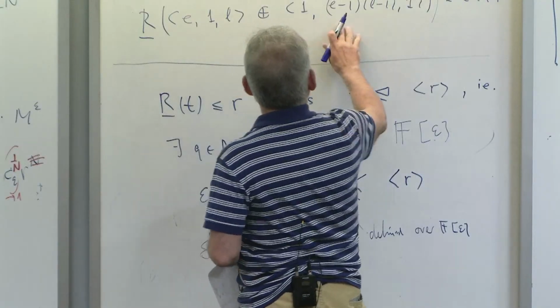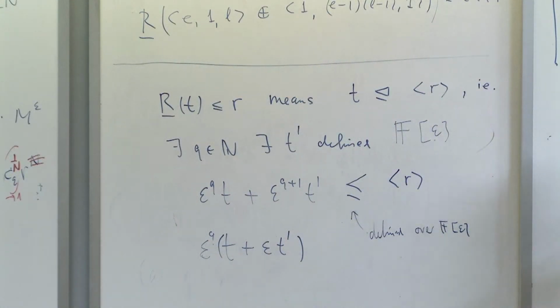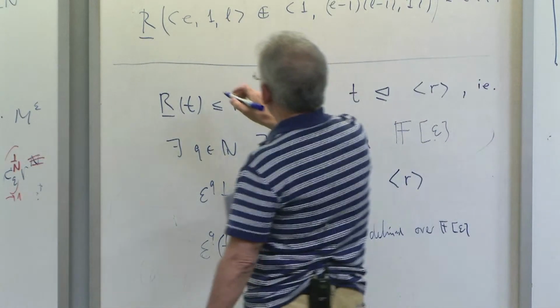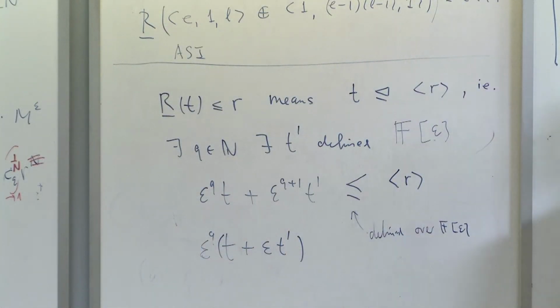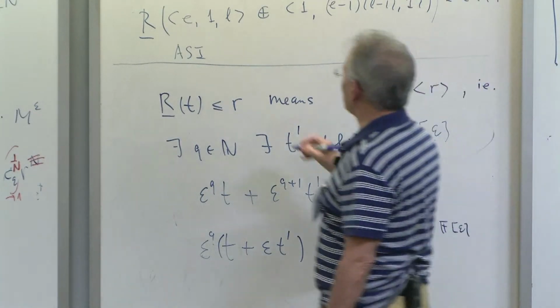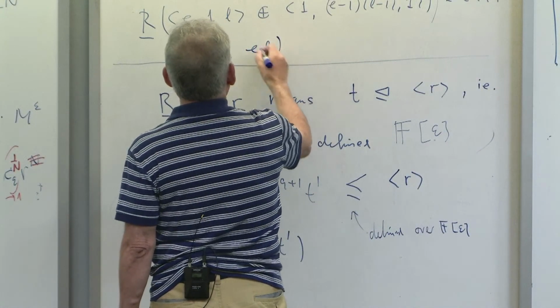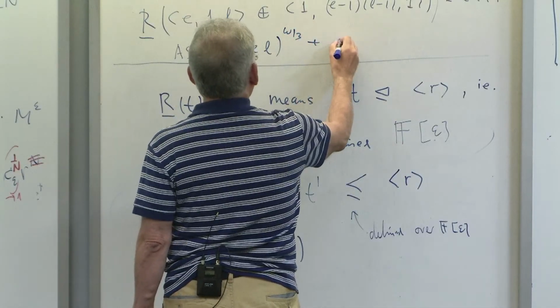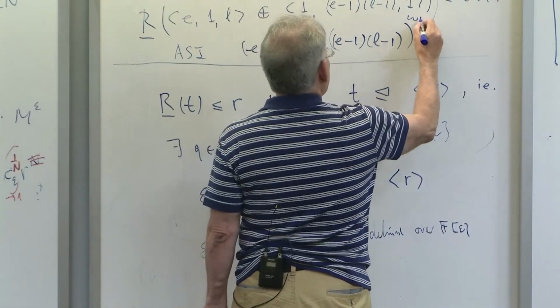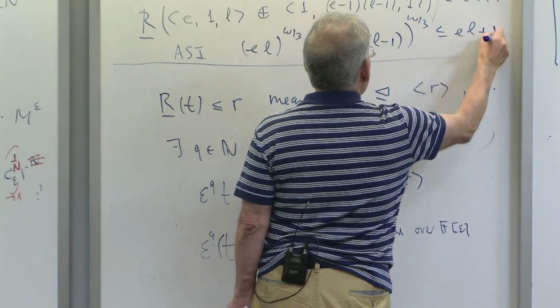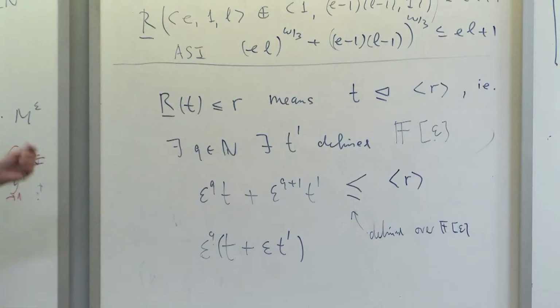Of course, if you have this, then the point is to apply this inequality. I call it the asymptotic sum inequality. If I apply it, what do I get? e l to the omega over three plus this, the omega over three, is less than e l plus 1. Now this is an inequality and gives you bounds on omega, right?